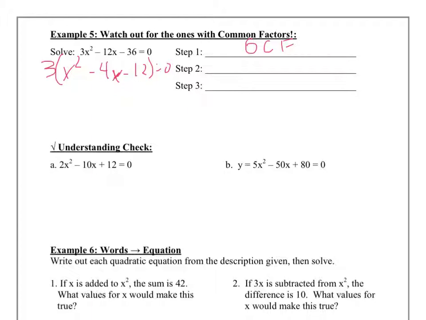Okay, so now I just have the regular 1 coefficient, so I need two numbers that multiply to negative 12 and add up to negative 4. So those two numbers, I could do negative 6 times 2, and then I could also do negative 6 plus 2. Okay, so rewriting, I have 3, and then I have x minus 6, x plus 2, which is equal to 0.